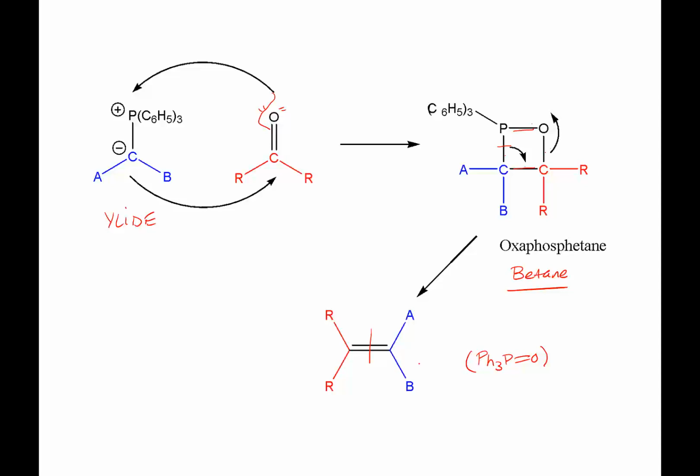So how would you write the Wittig reaction? How would I write it? I would write it taking a ketone plus an alkyl halide, and then I would say 1, triphenylphosphine, 2, butyl lithium, 3, there is no 3.